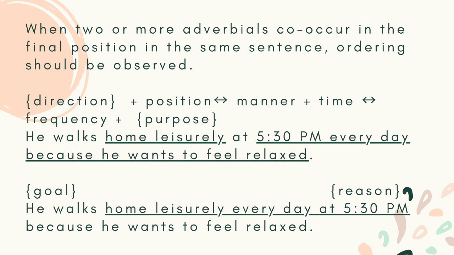As you can see, we changed the position of the adverb of time, which is 5:30 p.m., and the adverb of frequency, the word every day. We exchanged the position of the words, but the first and the second sentence still have the same meaning. It means you can create your own order of adverbs in one sentence as long as the meaning is still the same.